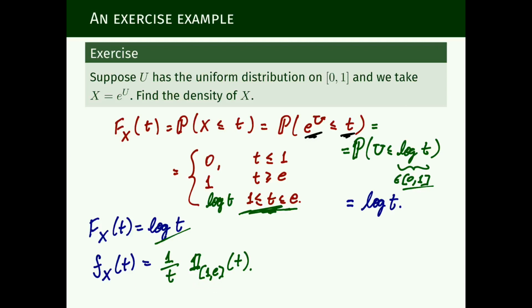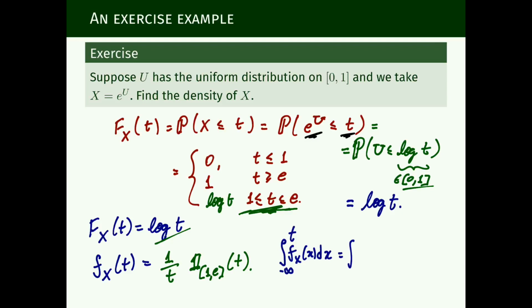And how can we check that capital F is the integral? Well, just look, what is the integral from minus infinity to t of f_X(x) dx?